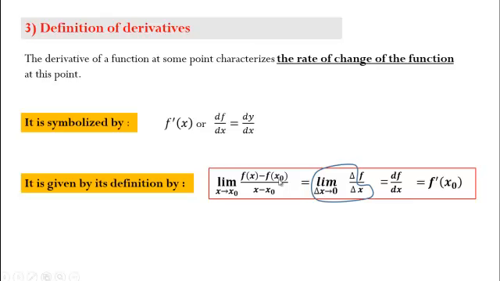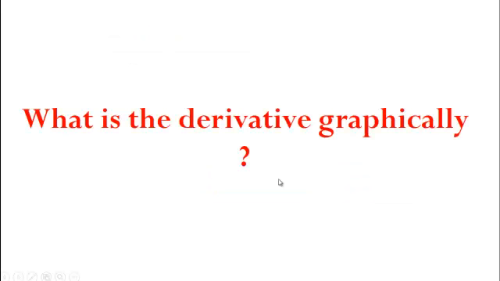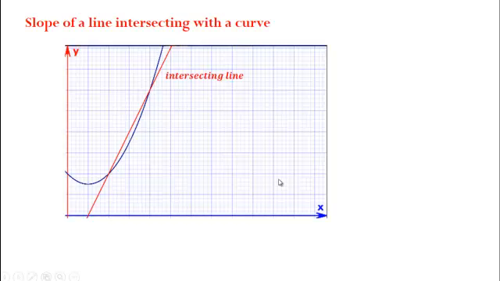But what does the derivative mean graphically? So here we'll have its interpretation graphically. If you notice here, we've taken a curve with a line intersecting this curve at 2 points. First is the point A, having coordinates xa and ya. Second, point B, having coordinates xb and yb.